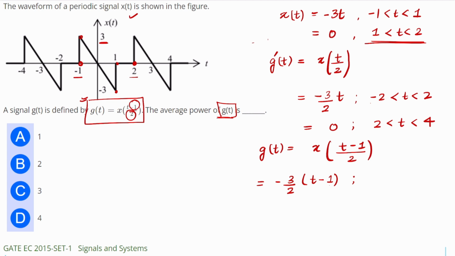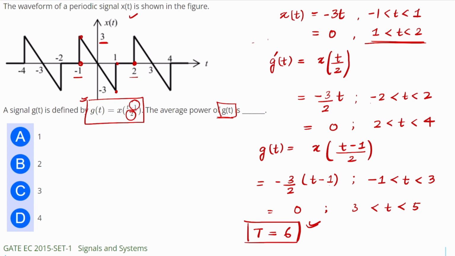So minus 2 plus 1 becomes minus 1, 2 plus 1 is 3, and 4 plus 1 is 5. So this is our g(t) signal, which will exist from minus 1 to 5. So the total time period will be 6, T value will be 6, and g(t) will be minus 3 by 2 (t minus 1).